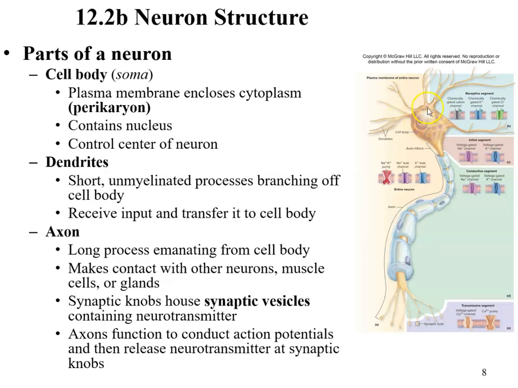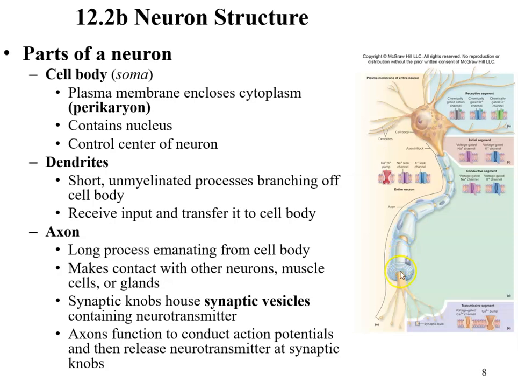The cell body then decides what to do with that input, whether to send a signal, and if so, what kind of signal. When it decides to send the signal, or the action potential, it will send it down here, which is the axon, the long process emanating from the cell body.